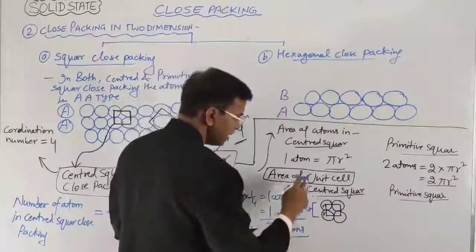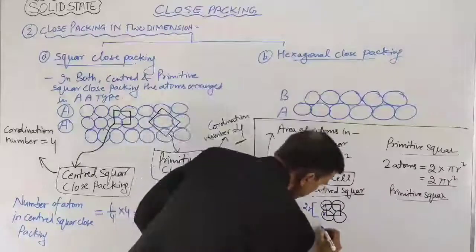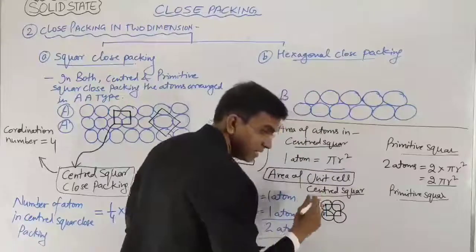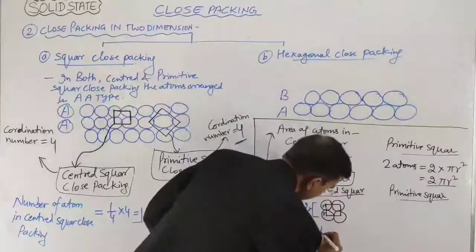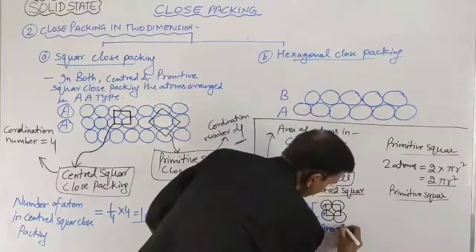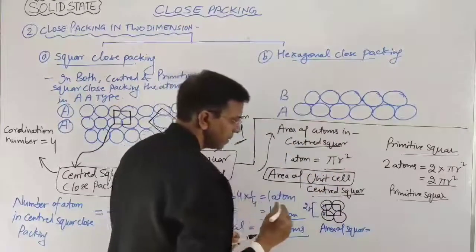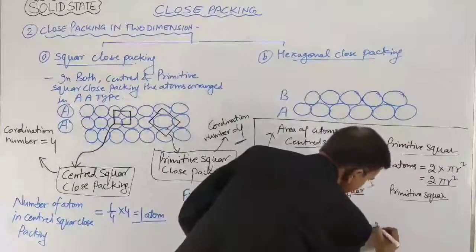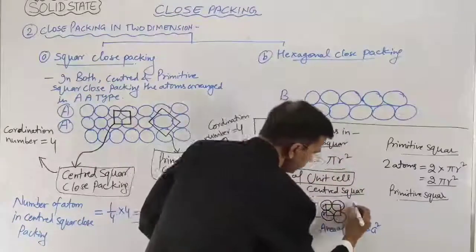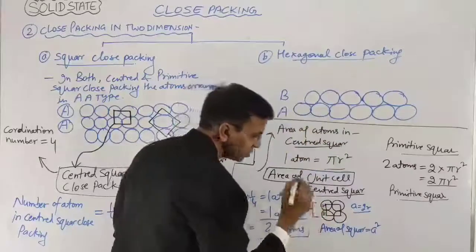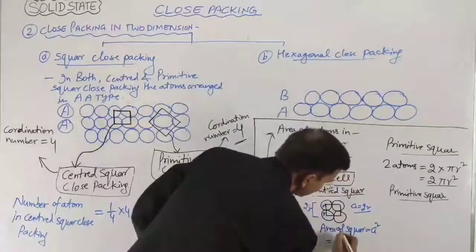So the area of unit cell is equal to edge length square, a square. So area of square is a square. a is equal to 2r here, r plus r, 2r.